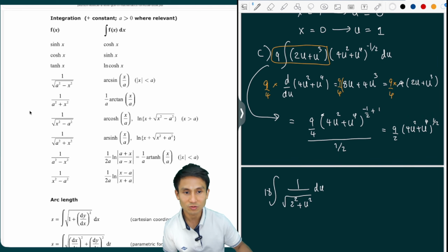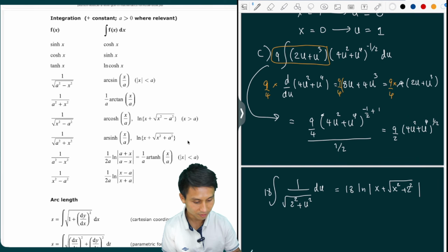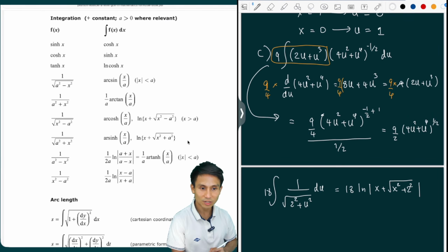Which one can we use? Let's use the ln one. That's going to give me 18 ln of x plus square root of x squared plus 2 squared. Like that. Okay, so that's it.